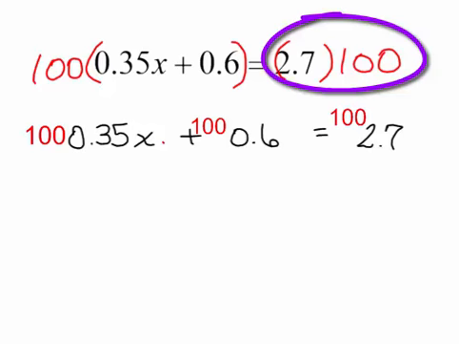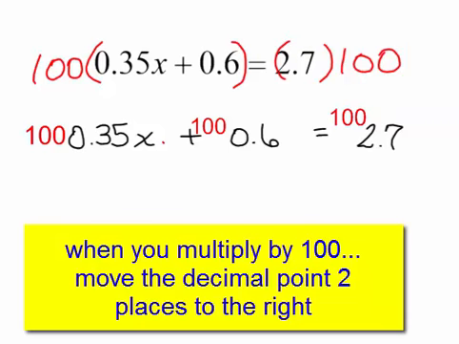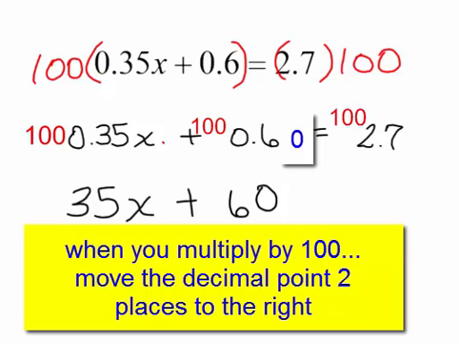When I multiply by 100, I am simply moving the decimal point 2 places to the right. 100 times 0.35x is just 35x. 100 times 0.6, be careful here. I am moving it 2 places to the right, so that will be 60. I have to add a 0 in order to move it 2 places to the right.